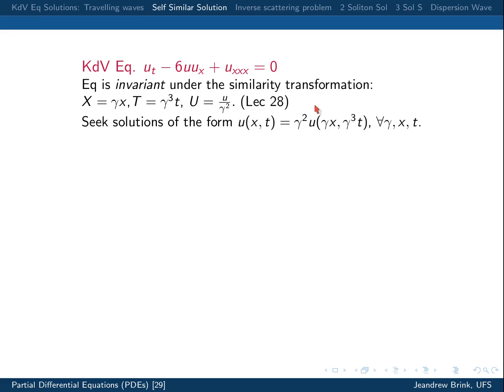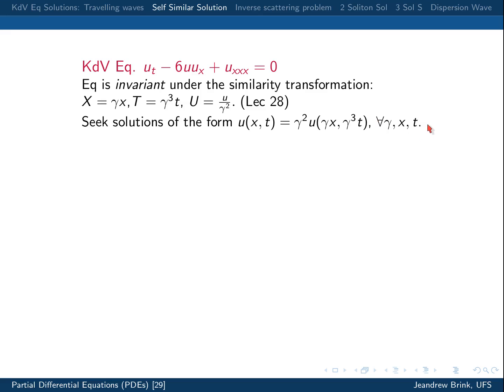The way we're going to seek those solutions is much the same way as how we found the similarity solution to the heat equation, when we worked out the Green's function for the heat equation. We're simply going to say we're seeking solutions where u of x and t is equal to gamma squared, which comes from there, u of gamma x plus gamma cubed t. Basically, we're rescaling the independent variables, and we're going to assume that that holds true for all gamma, x and t, even though we note that gamma doesn't appear explicitly in the KdV equation.